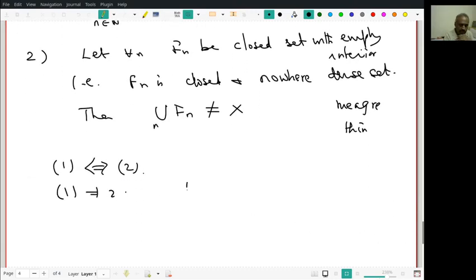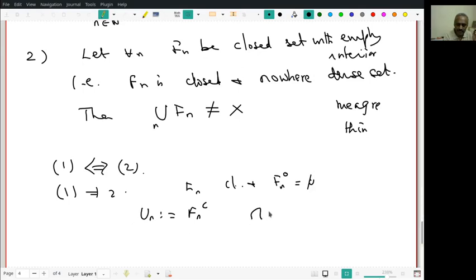Suppose you give me F_n which are closed with empty interior. Then look at U_n to be the complement of F_n. We had already seen that the U_n are open dense.